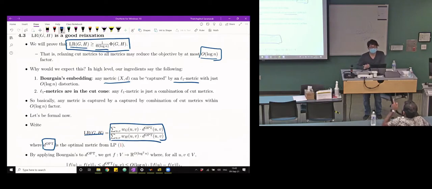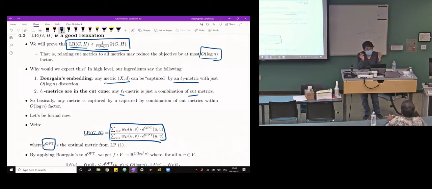So in that order of log n distortion, we only told you that if you are coming from cut metric to L1 metric, we have order of log n distortion. But this one is not only over L1 metrics, right? We are doing it on much more other metrics, right? No, between L1 and cut, there is no distortion. But between anything and L1, there is a log n distortion.